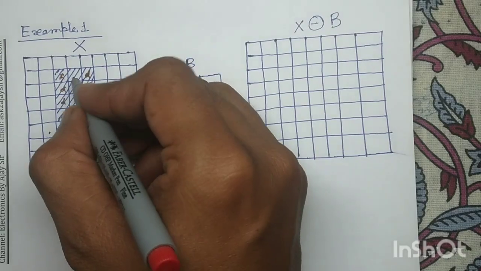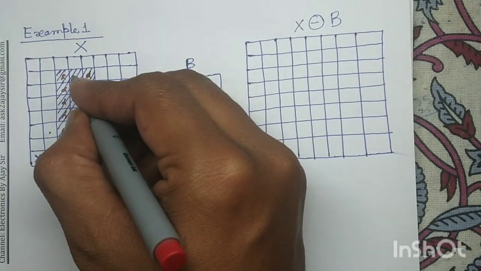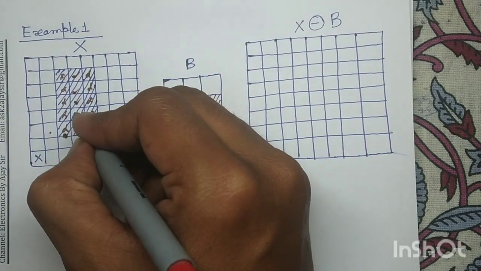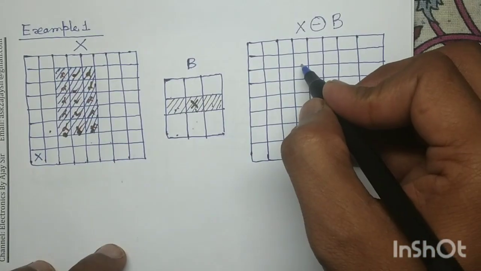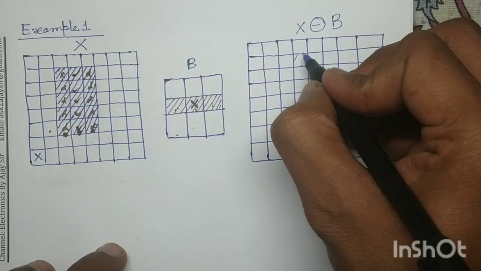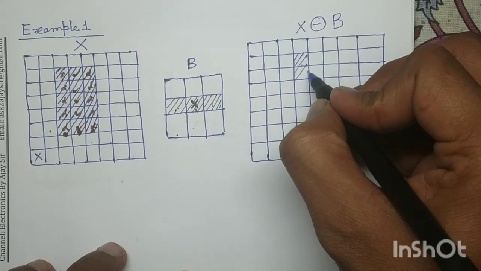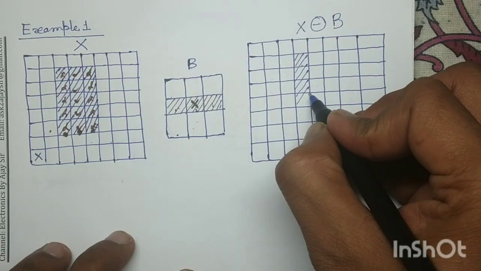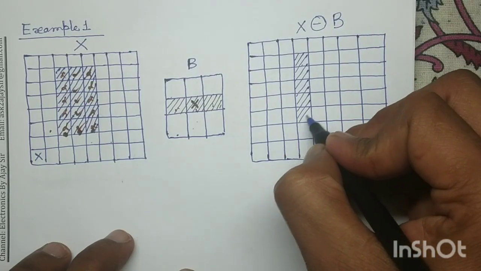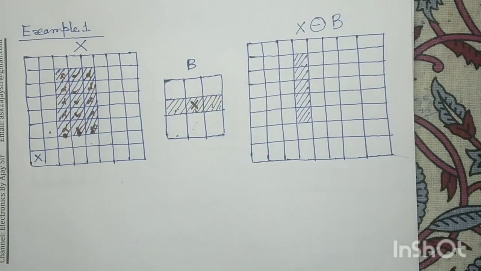So only these 5 pixels will be the part of the eroded output. So in the output image, you have to do the shading in these 5 pixels only.